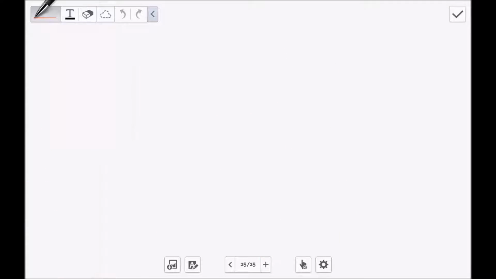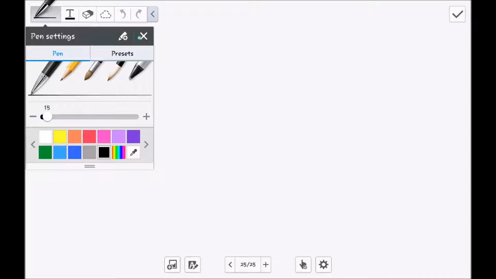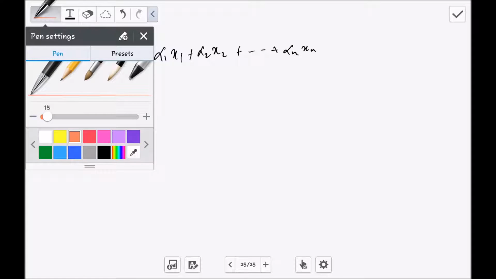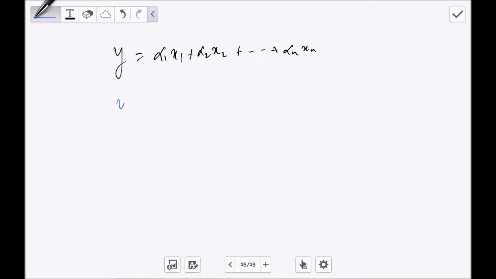Now y is given as alpha 1 x1 plus alpha 2 x2 plus so on up to alpha n xn. We can write this as alpha 1, alpha 2, so on up to alpha n, as a dot product of two vectors.